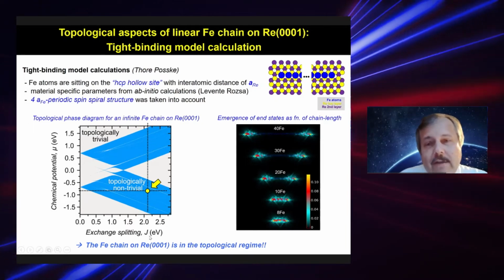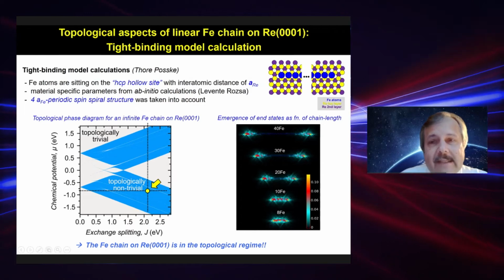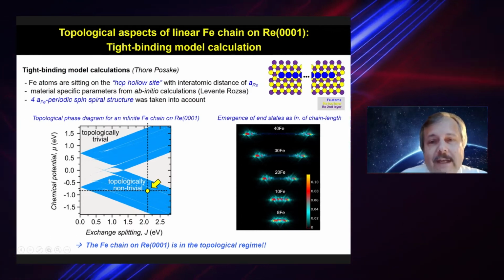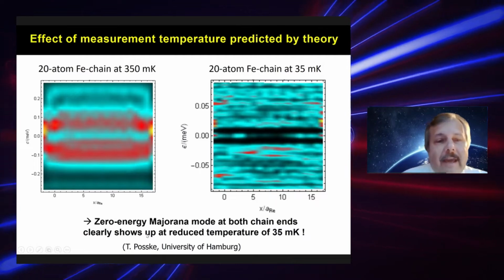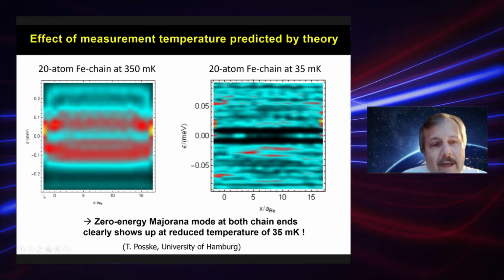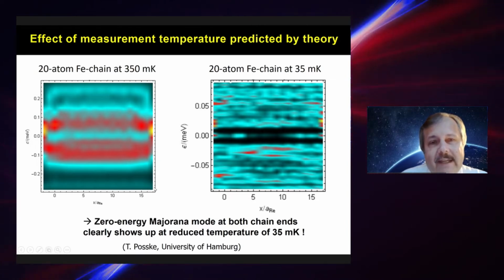But let's come back to this problem of interaction of Majorana states and finite energy Shiba states. And this has also been looked at theoretically. So here again, there's a plot for a 20 iron atom chain on rhenium, where again we have energy and the spatial coordinate along the chain.